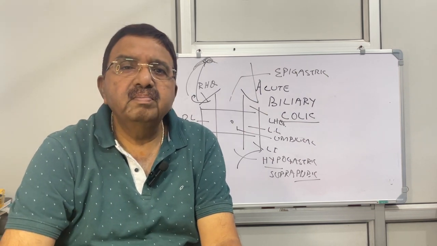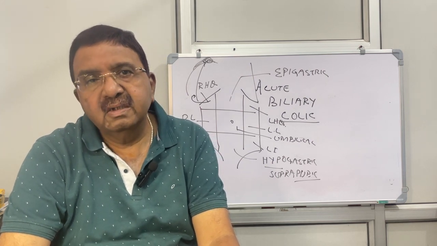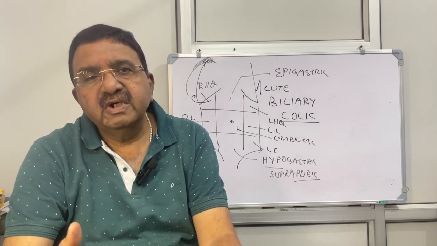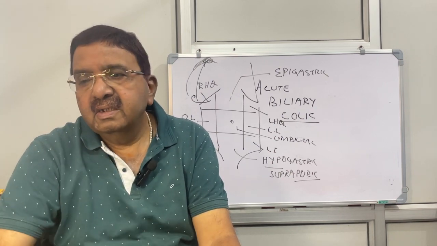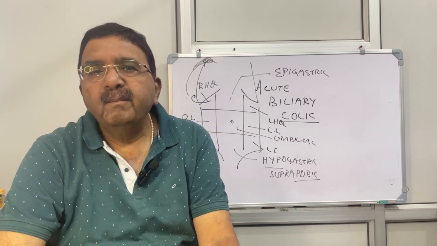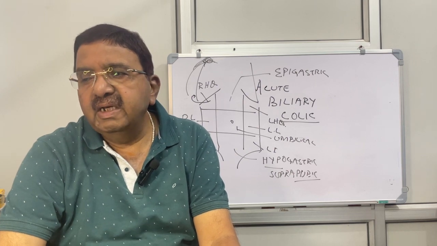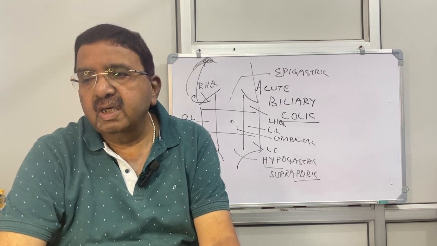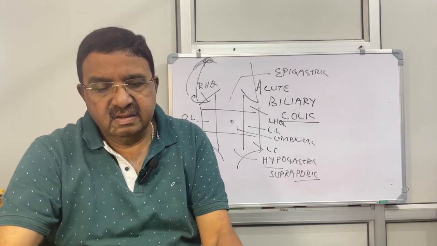Then what is the pathophysiology of acute biliary colic? That means what is the process of induction of pain? Due to a gallstone or supersaturation of bile, it may lead to temporary blocking of the CBD or cystic duct.